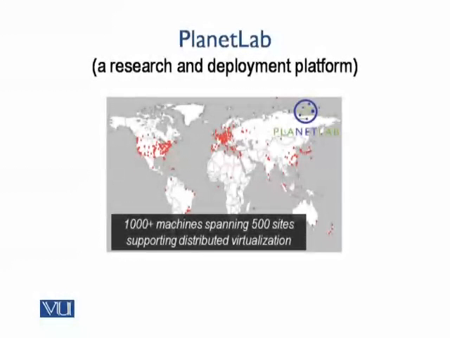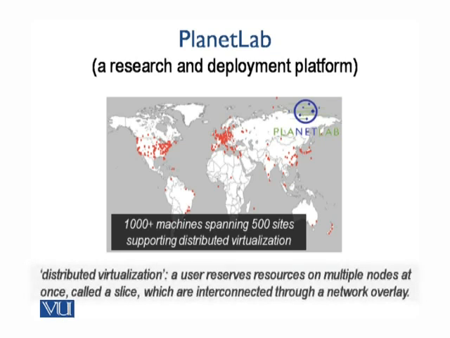The good thing about Planet Lab is that it is very diverse. It has now more than 500 sites and more than 1,000 machines. And it supports a paradigm of distributed virtualization. The idea would be clarified, but very briefly speaking, the idea is that everyone who is interested joins this Planet Lab consortium, and the person or the organization does it by dedicating a device and connecting it to the Planet Lab testbed.